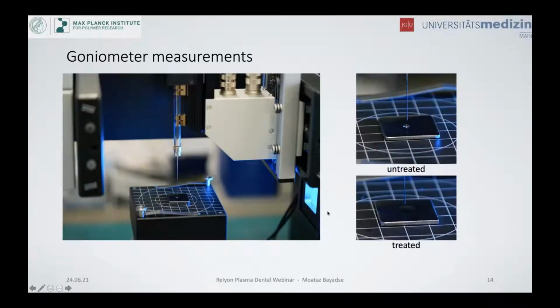Here we can see an example of a water drop on the untreated and treated titanium sample. As you can see here, the water drop has a much higher contact angle to the surface. And here, after treating it with plasma, the water drop has spread. But you can see this much better in this video.